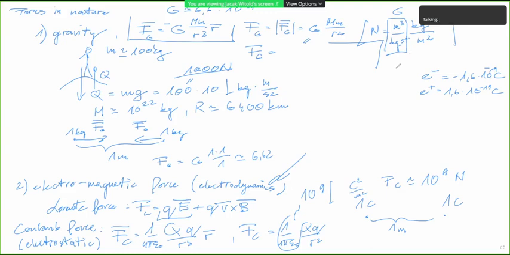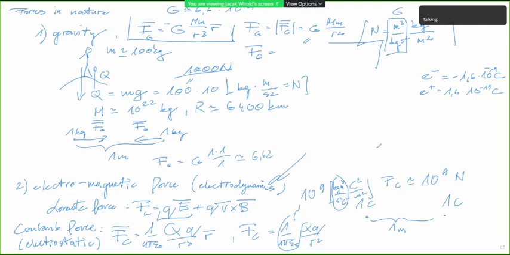A newton is a kilogram meter per second squared. So there must be second squared in the denominator, kilogram in the numerator, meter to the power 3 in the numerator, and Coulomb squared in the denominator. That would be the unit of the dielectric permittivity constant, something like this.